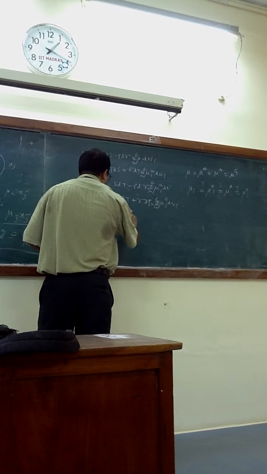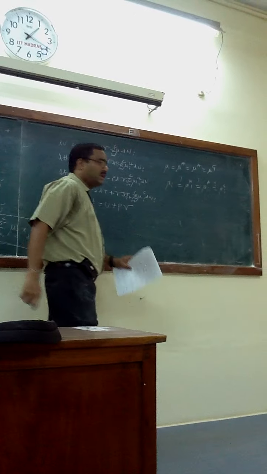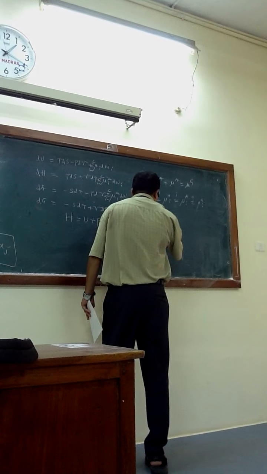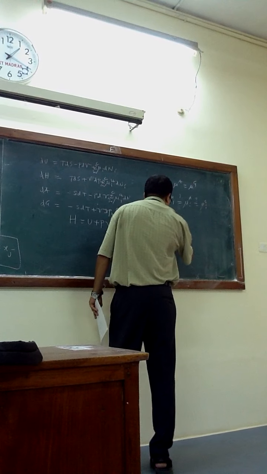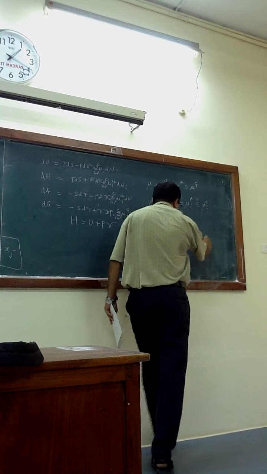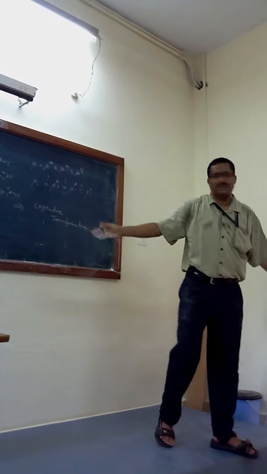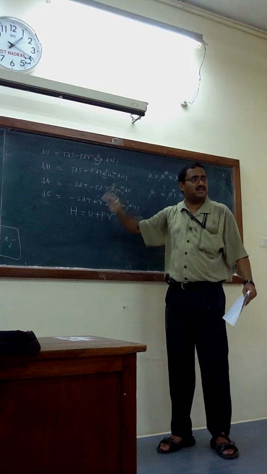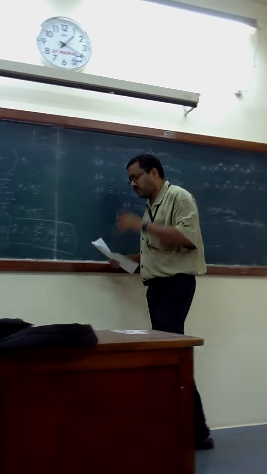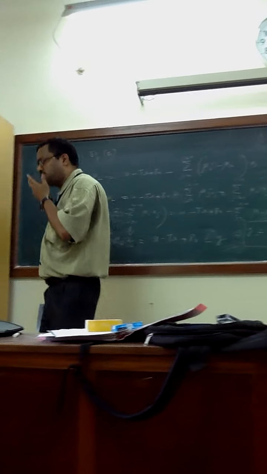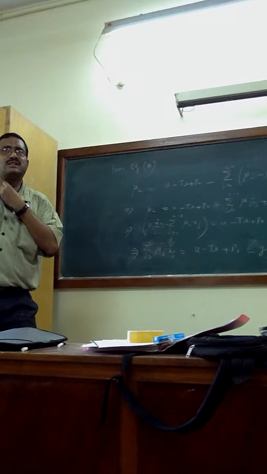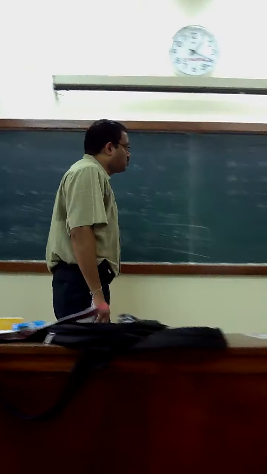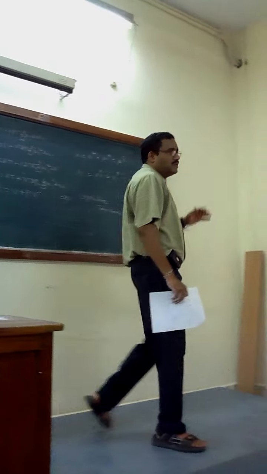You know that H equals U plus PV, and it is easy to verify by Legendre transformation that you can go and do the same way, because you are only playing with that. That's why I am not telling you the entire exercise of Legendre transformation, because it is the same. So H equals U plus PV will be valid for our case, right?